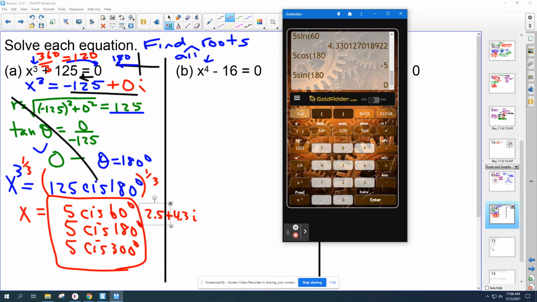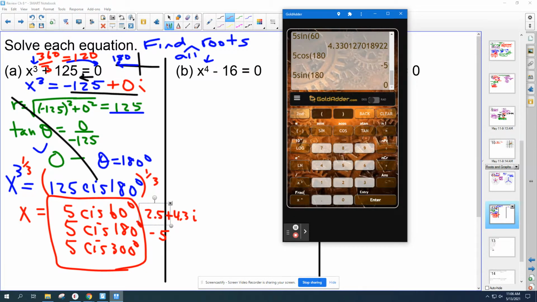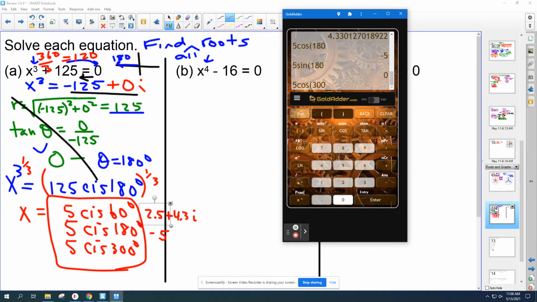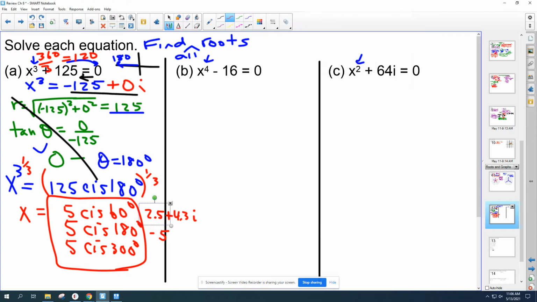That's negative 5. And 300: 5 cosine 300 and 5 sine 300. 2.5 minus 4.3 i. So you have to pay attention to what form it is.